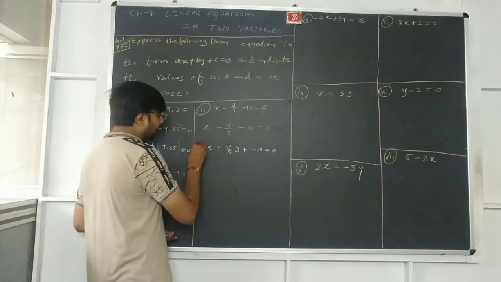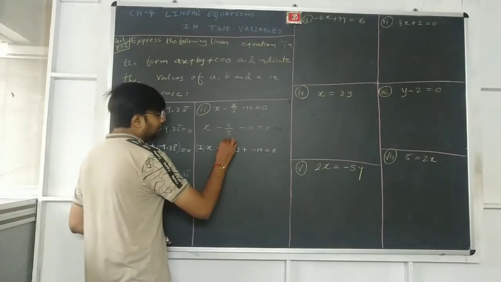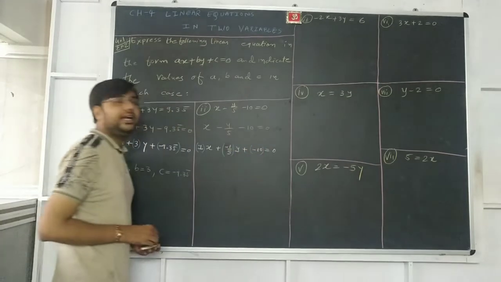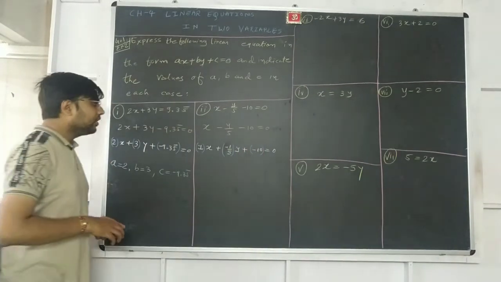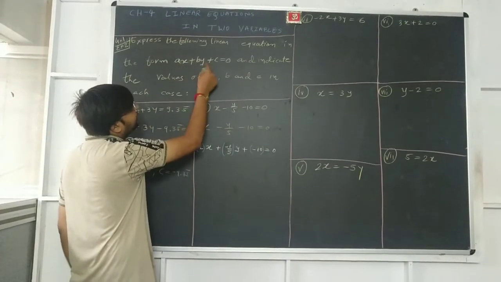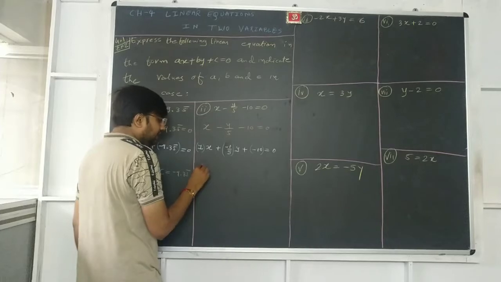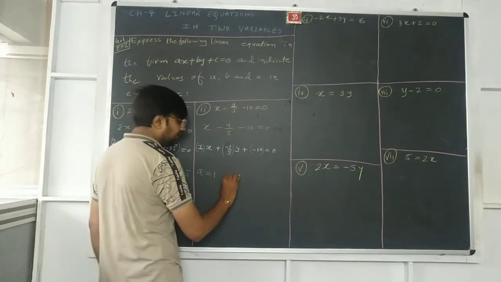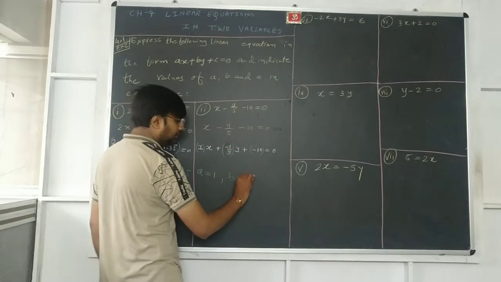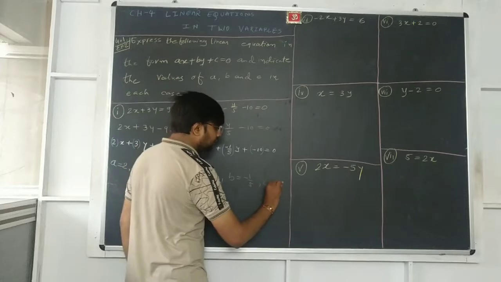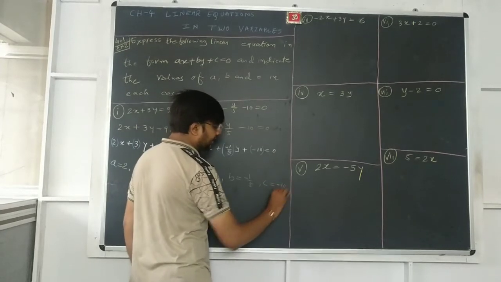Here the coefficient of x is 1, the coefficient of y is minus 1 by 5, and the constant term is negative 10. Comparing with ax plus by plus c is equal to 0, a is the coefficient of x, which is 1, b is the coefficient of y, which is minus 1 by 5, and c is the constant term, so c is equal to minus 10.